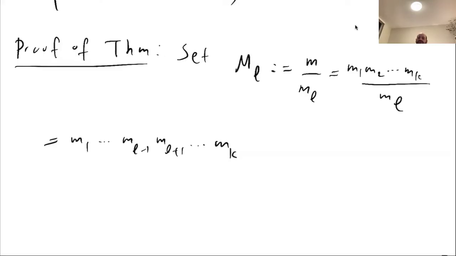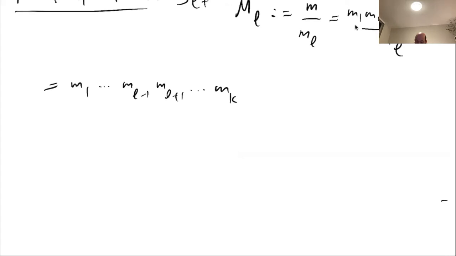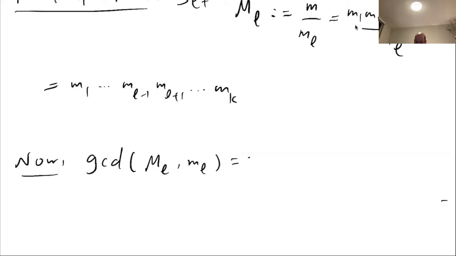Now the important feature of this number capital ML is that it's relatively prime with small ml. GCD of capital ML and ml equals 1. Why?